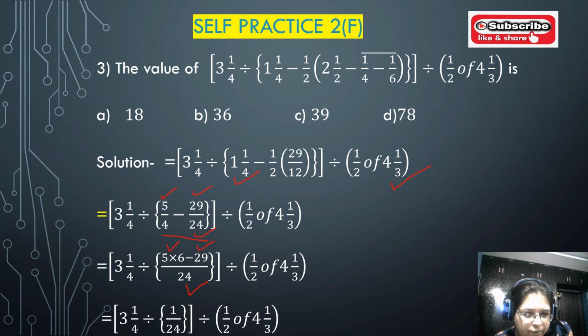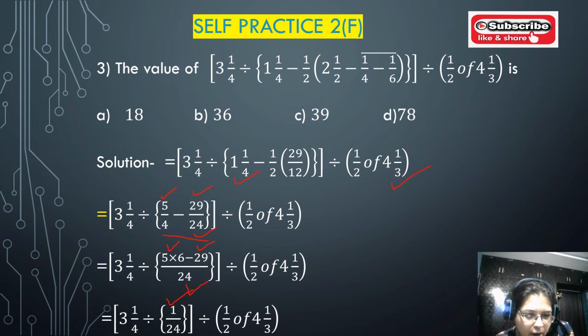So we get 5 multiplied with 6 is 30. 30 minus 29 is 1, so 1/24. So we get 3 1/4 division of 1/24, this is inside the square bracket.